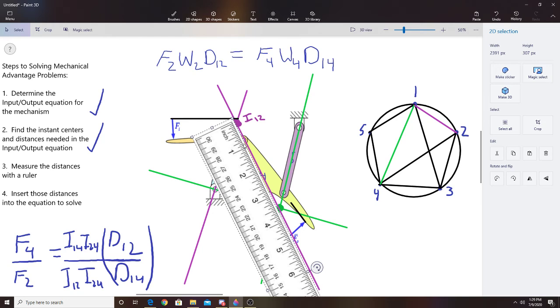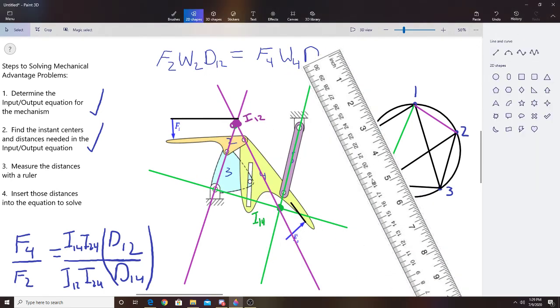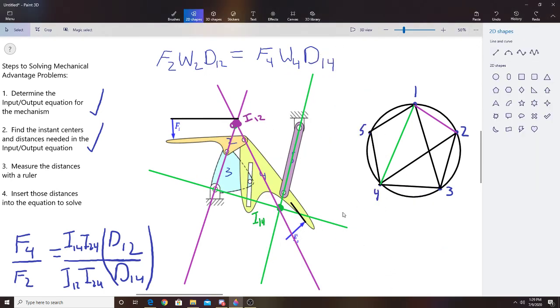It's probably in between, so this would be 5/8. We could add another 1/16 onto there, but we'll just call it 5/8. So I12, I24 equals 5/8. Now that we have all of that, we can get rid of this ruler.